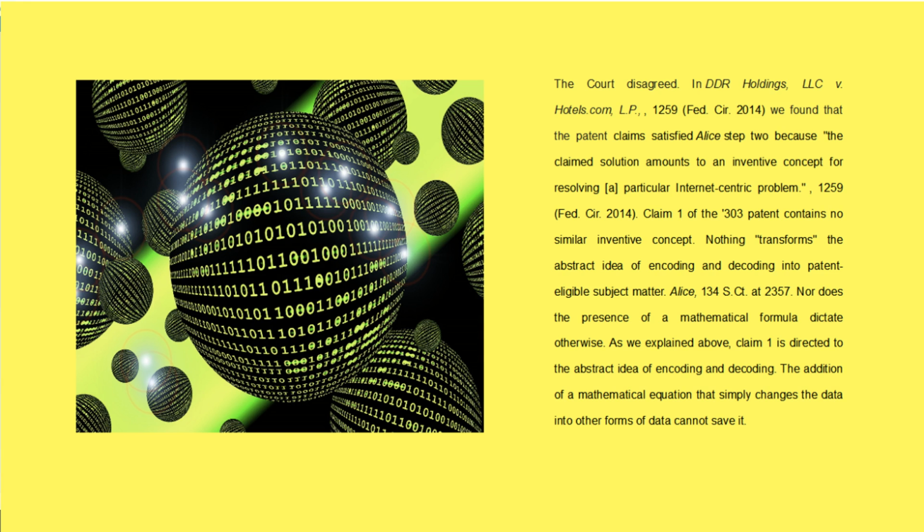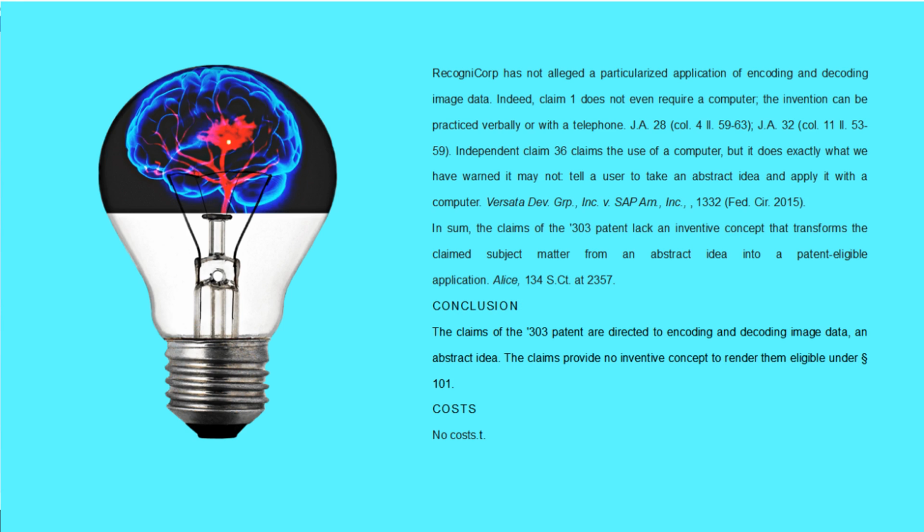The addition of a mathematical equation that simply changes the data into other forms of data cannot save it. Recognicorp has not alleged a particularized application of encoding and decoding image data. Indeed, Claim 1 does not even require a computer. The invention can be practiced verbally or with a telephone.